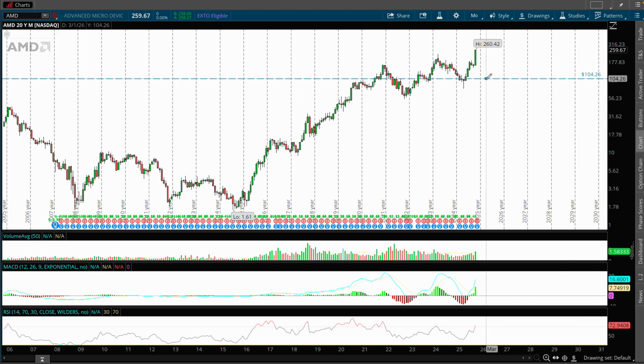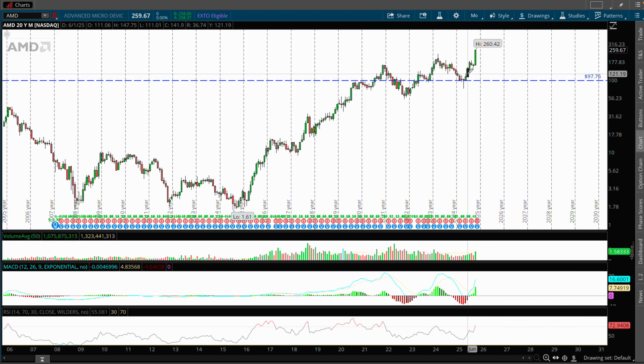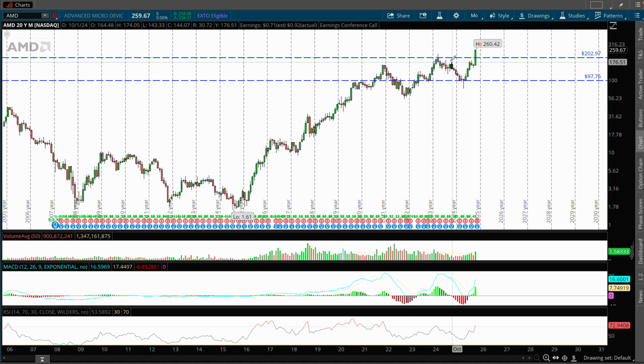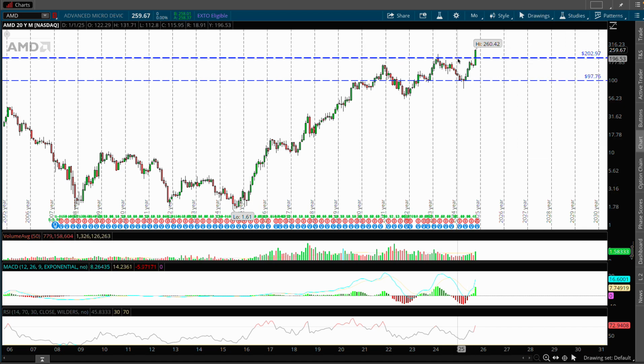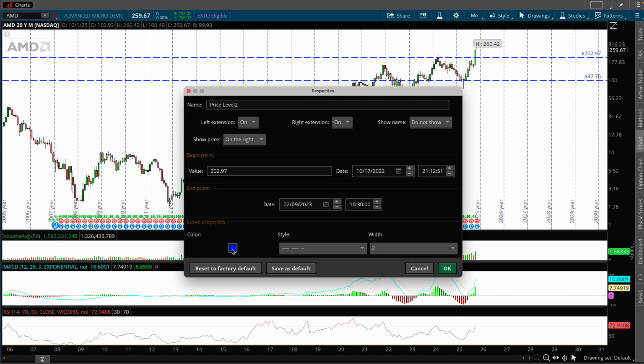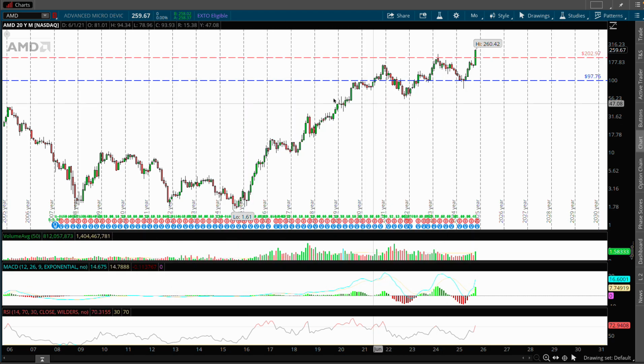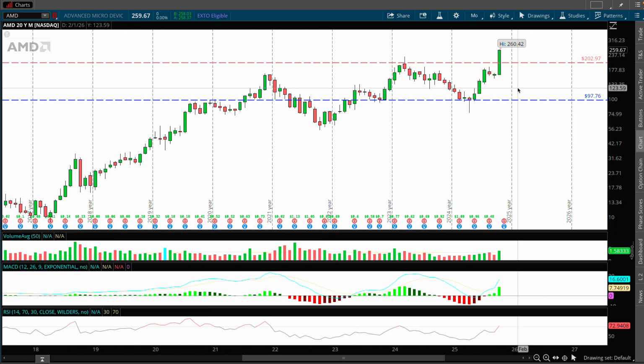You can draw the support here, where it rebounded, and where it retraced. The last retracement took place at this price point, and the last rebound took place at this price point. So here is the resistance, if I change the color to make it easy, not white, but red. That is basically how you can look at it.